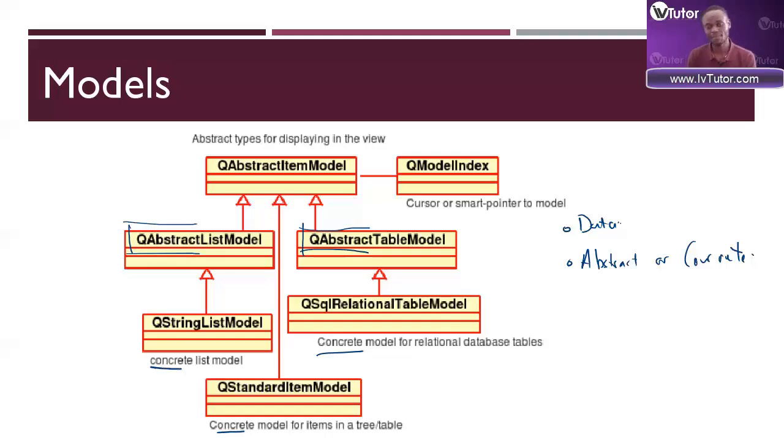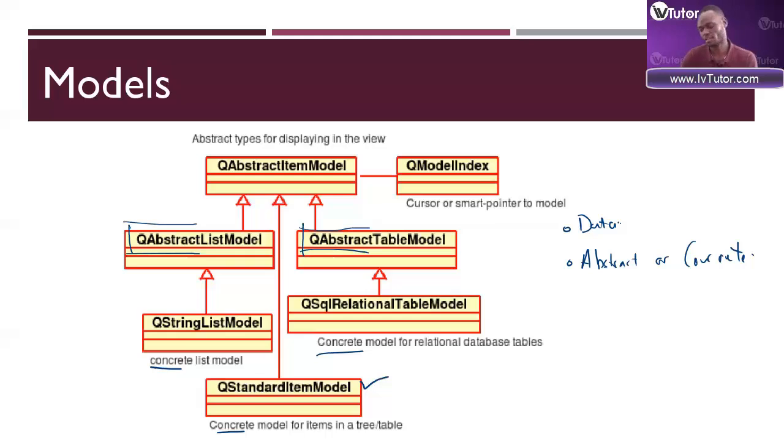And at the same time, understand which kind of data you need to use with which model. If you're dealing with tabular data, you want to go with a QAbstractTableModel. If you're dealing with list data, you want to go with a QAbstractListModel or QStringListModel. If you're dealing with hierarchical data or even tabular data, you can go with a QStandardItemModel. So it can be used for hierarchical or for tabular data.